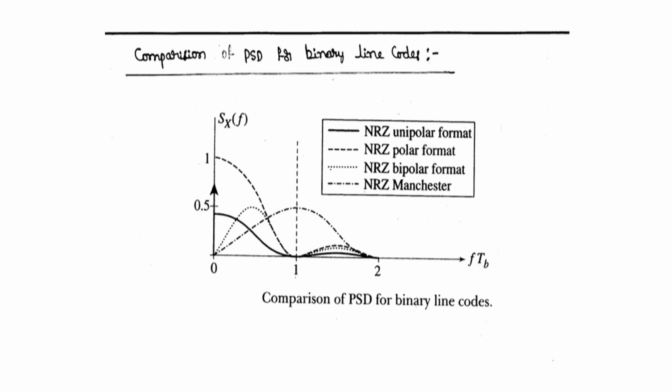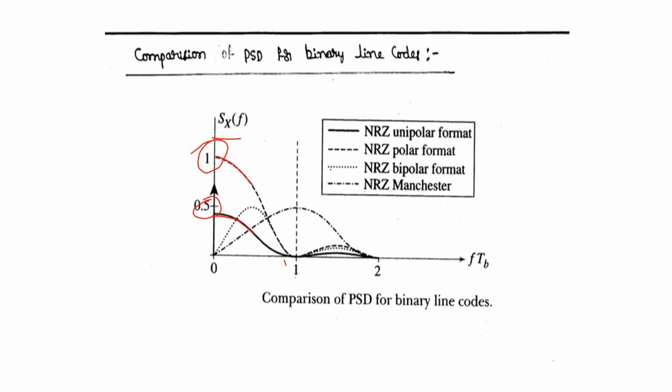So this is the comparison of all the line coding techniques in terms of power spectral density. Here you can observe x of f against f Tb. This one is the unipolar non-return to zero format, and this one is the polar non-return to zero. Both have the DC level, so because of that reason, they need DC coupling circuits.